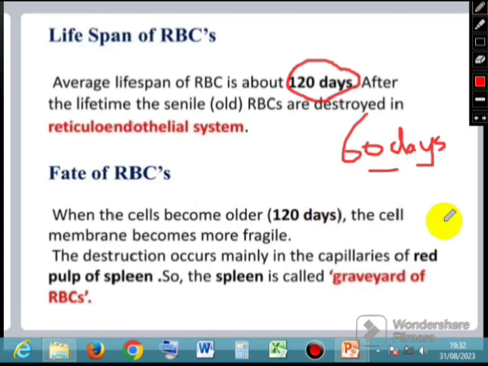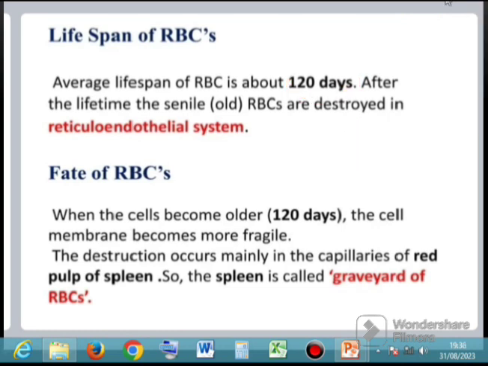Going forward, the fate of red blood cells after 120 days. What happens to red blood cells after 120 days? That is what we'll discuss next. After 120 days, red blood cells are destroyed.